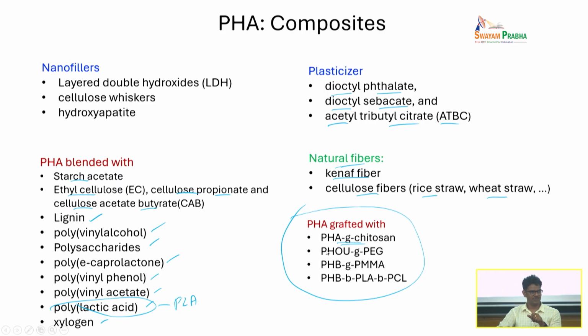What are the functional groups available in chitosan? So it has an amine group, right? This amine group can be activated to bond with PHA molecules. Similarly, PEG is polyethylene glycol, and PMMA, even PLA, PCL. So you have a lot of chemical options to directly graft many of the polymers with PHA.